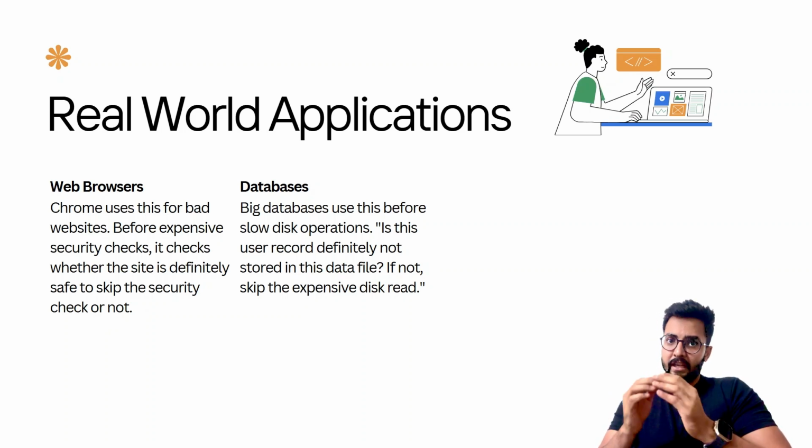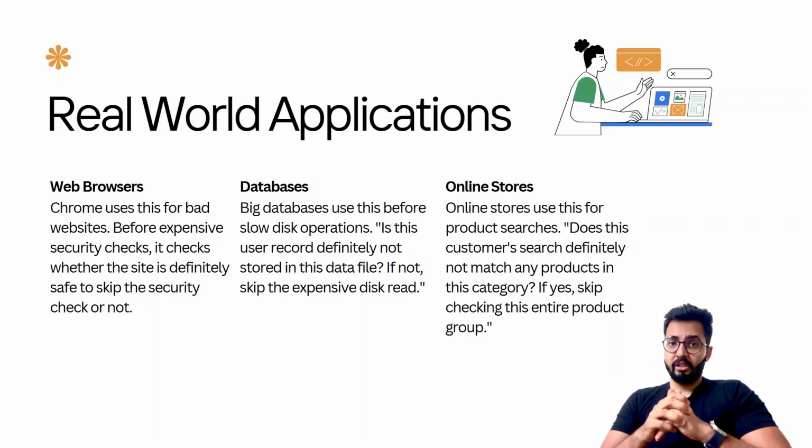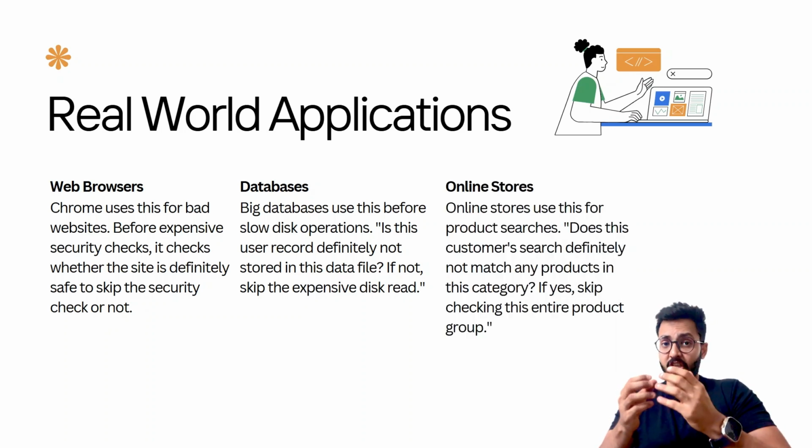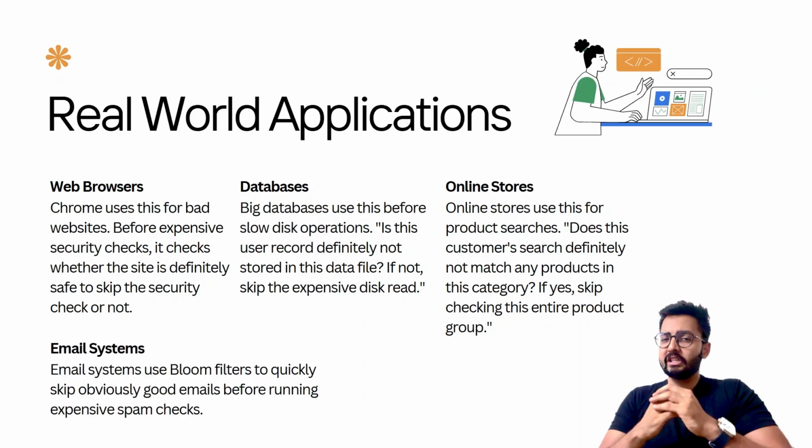If not, skip the expensive disk read. Online stores use this for product searches, like, does this customer's search definitely not match any product in this category? If yes, skip checking this entire product group. Email systems use this to quickly skip obviously good emails before running expensive spam checks.